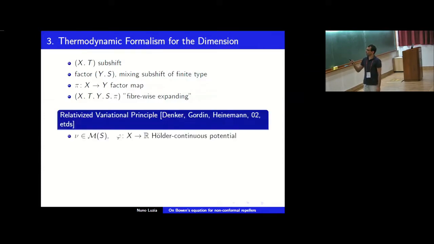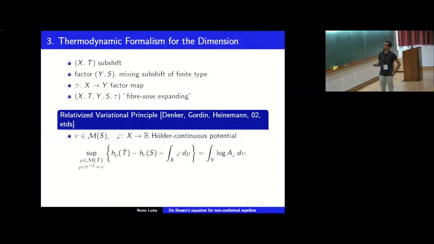So this is the setting, fiber-wise expanding, of the relativized variational principle by Denker, Gordon, and Heinemann, which says the following. If you fix a measure on the vertical space, so S here is the vertical space, okay, and there is another continuous potential in the whole space, then you have this variational principle.